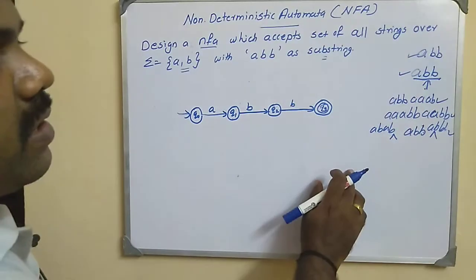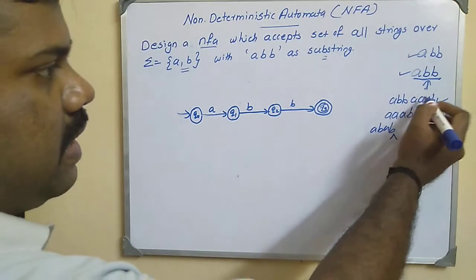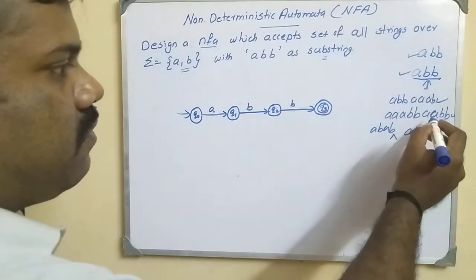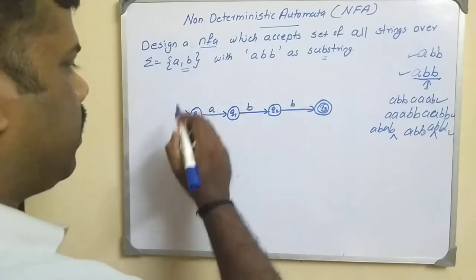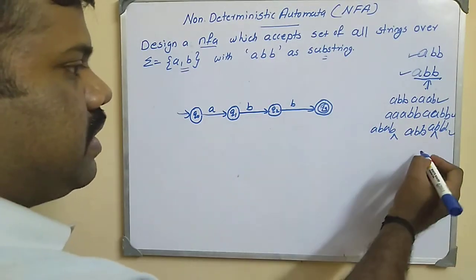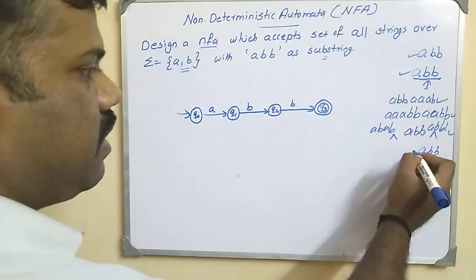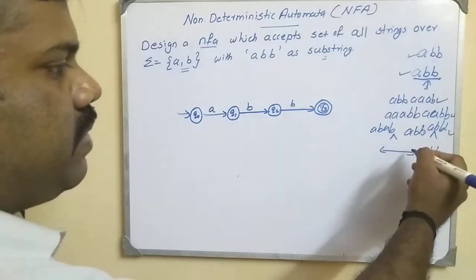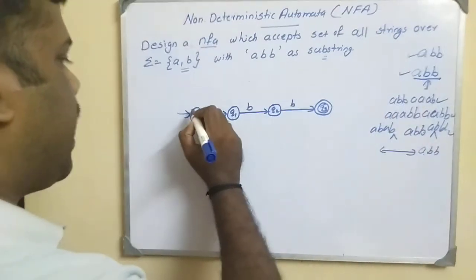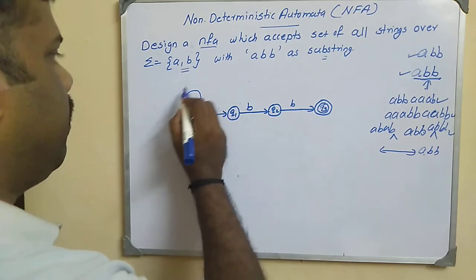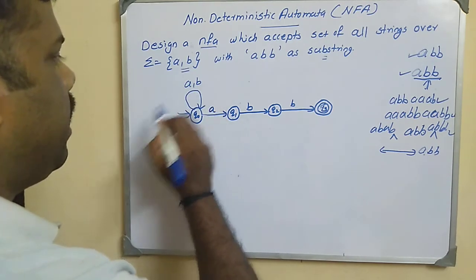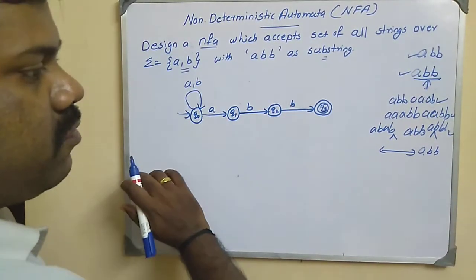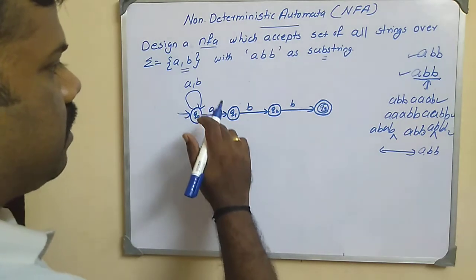Now think about the further possibilities. Before ABB or after ABB there can be occurrences of A's and B's. If the string ends with ABB, there may be many A's and B's before it. That can be denoted as A, B on a loop at Q0, since before ABB there can be more than one A's and B's.